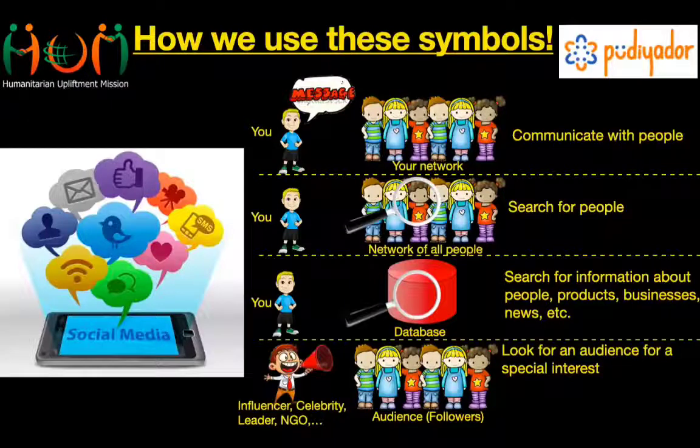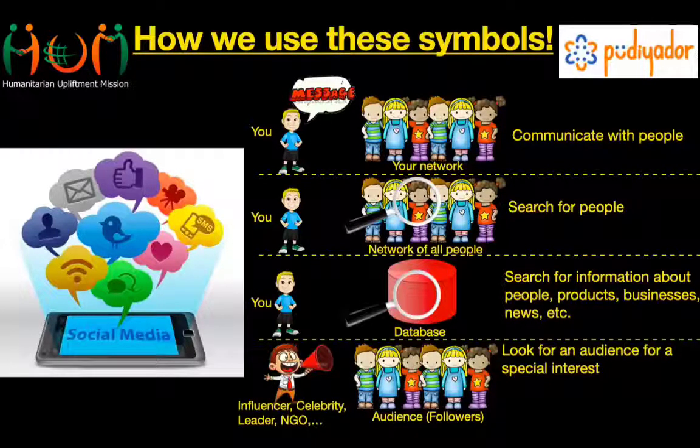Now, if you look at the right side, the way we are going to use these symbols is, let's say you're the person in that blue T-shirt, right? How are you communicating with the bunch of people on the right? You're using a message, right? The message cloud that is there, we use to represent communication. And the people you're talking to, we say they are your network, right?